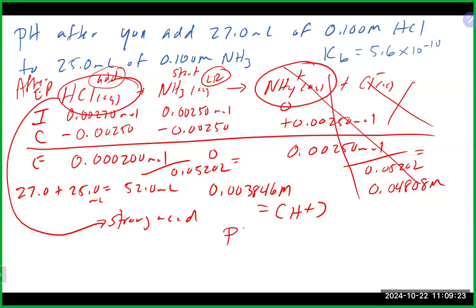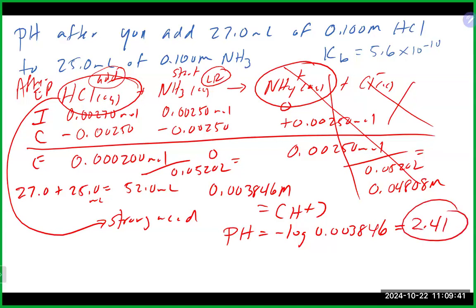And I could go right into the pH at this point. And that is going to get me a pH of about 2.41, which is definitely acidic because we're just dumping in acid at this point.